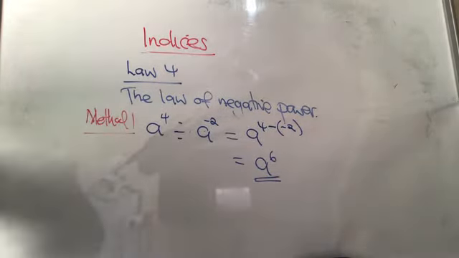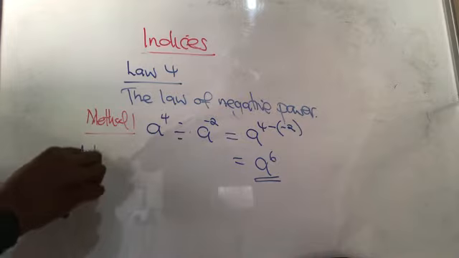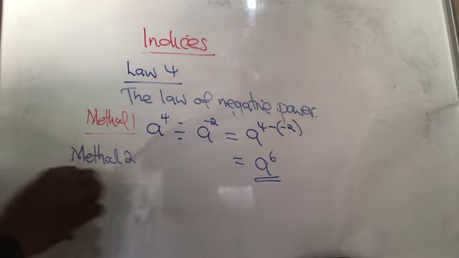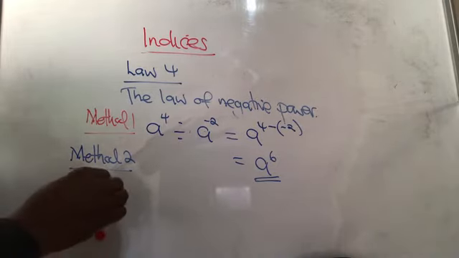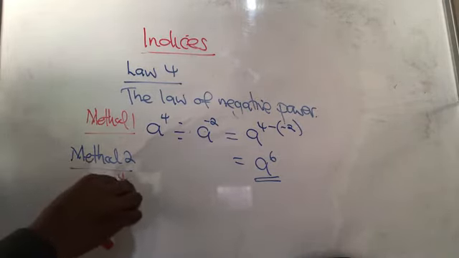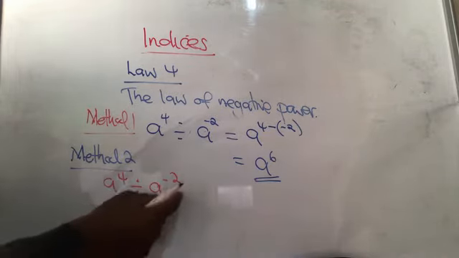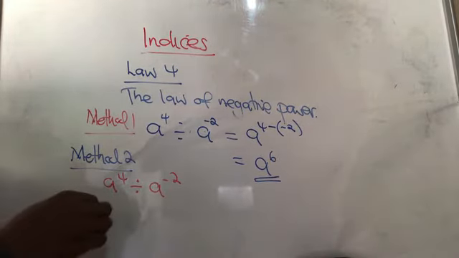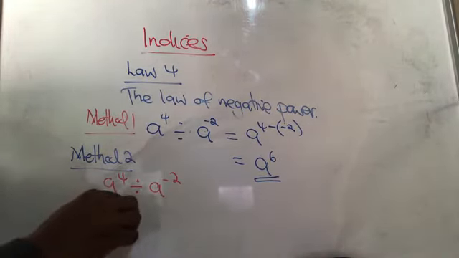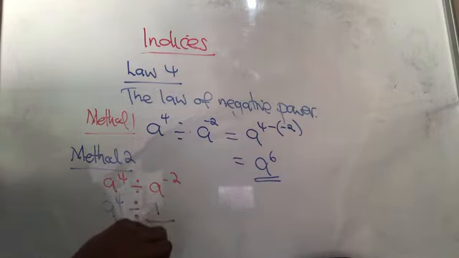Now we have method 2 that we want to apply on the same question. Right, remember we have a to the power of 4 divided by a to the power of minus 2. I can change the a to the power minus 2 by applying law number 4 and say a to the power of 4 divided by 1 over a squared.